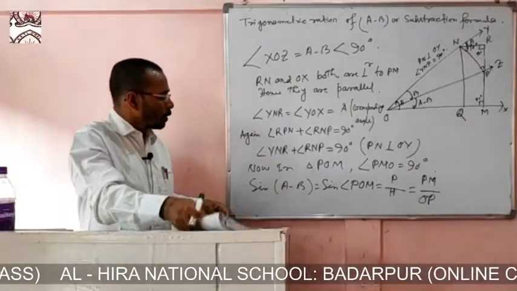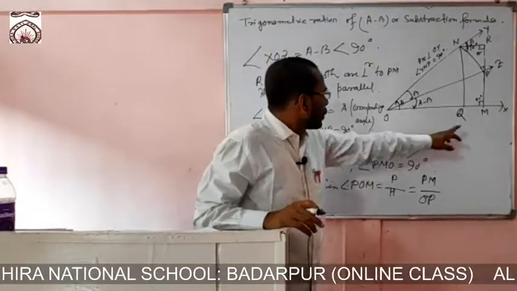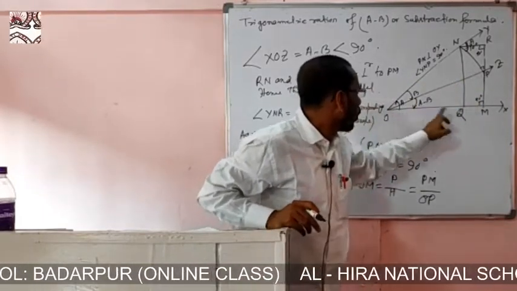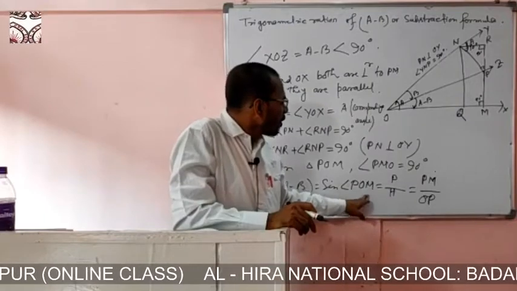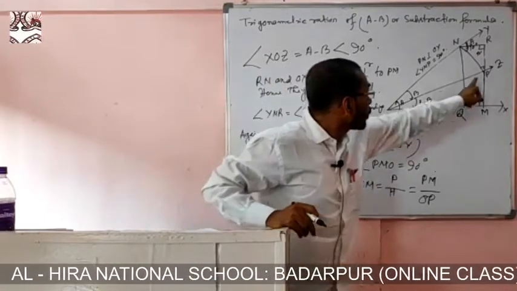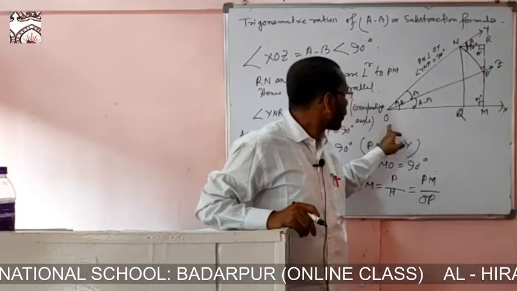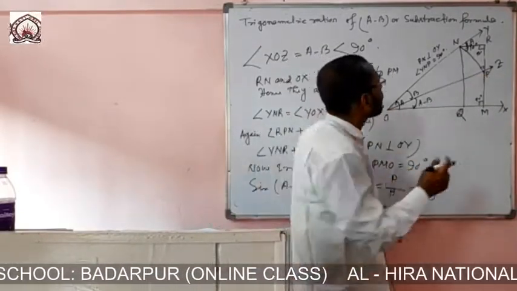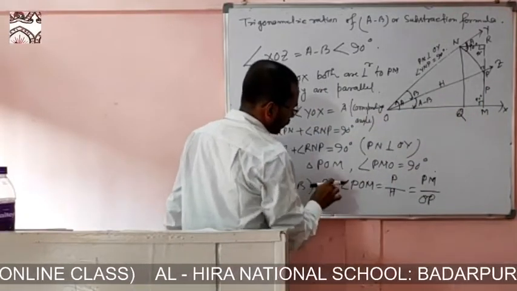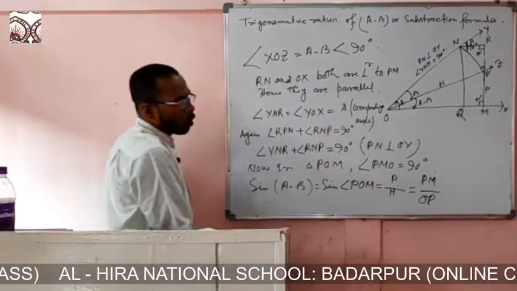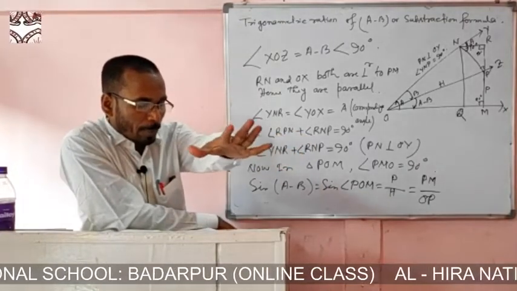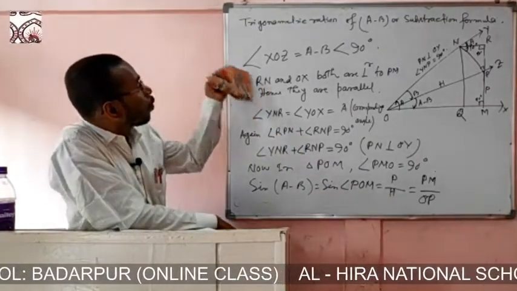So sin A minus B is sine POM, which is perpendicular by hypotenuse, PM by OP. So sin A minus B is PM by OP. Now we can write.